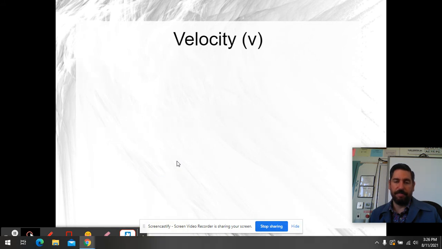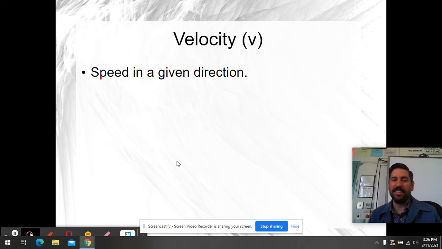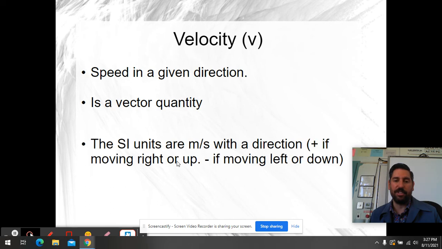Velocity is a little different. So velocity is the speed, but velocity gives us a direction. So just like distance and displacement, speed and velocity are very similar, except one's a vector and they have that direction component. So with velocity, usually mathematically, if something is going right or up, we say it's positive, just like on a number line, right?